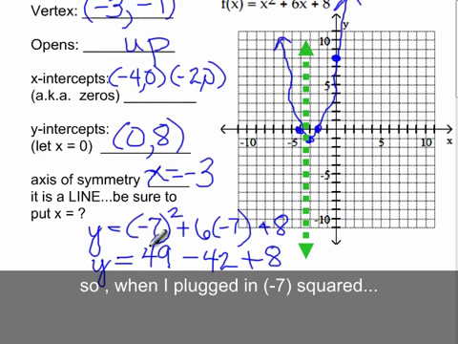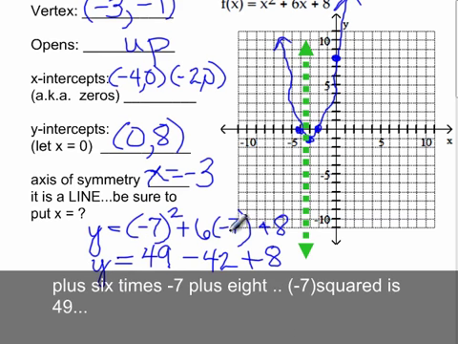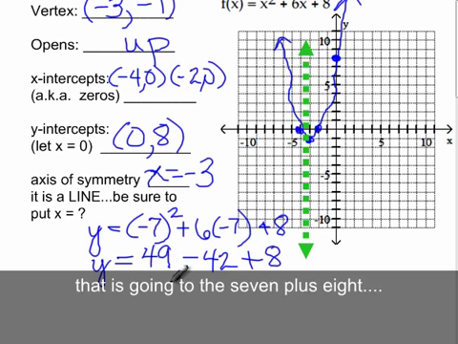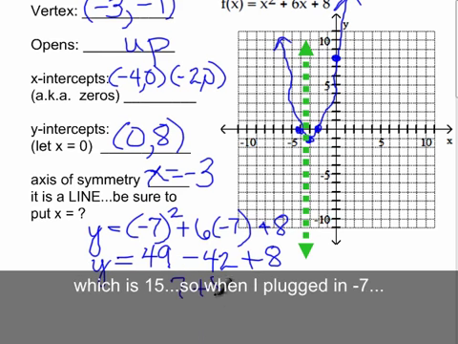Okay, so when I plugged in -7 squared plus 6 times -7 plus 8, -7 squared is 49. 6 times -7 is a -42 plus 8. 49 minus 42, that is going to be 7 plus 8, which is 15.